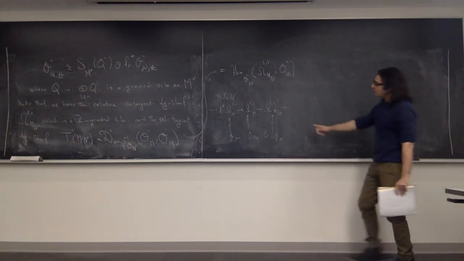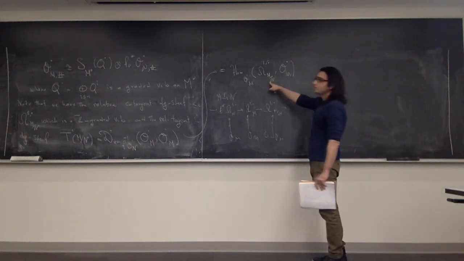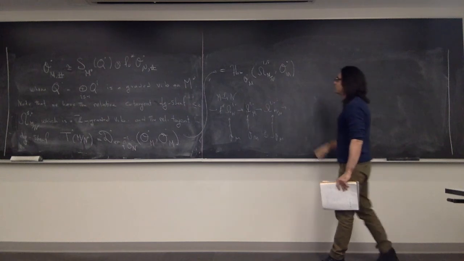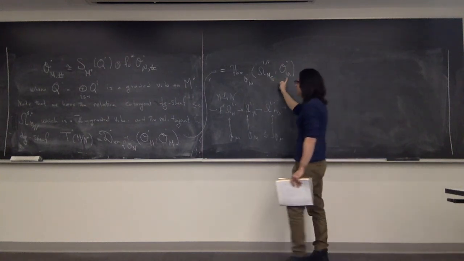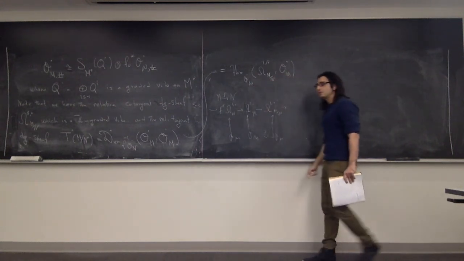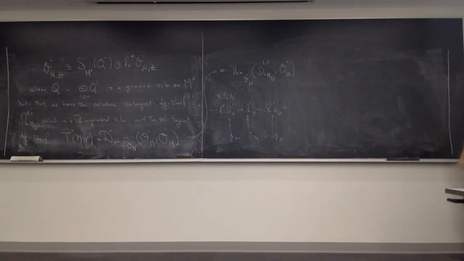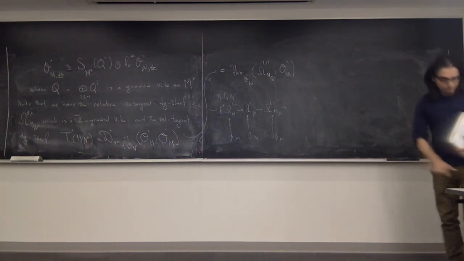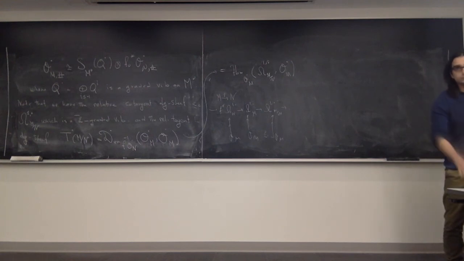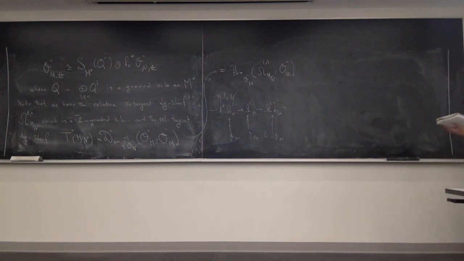In particular, the relative cotangent sheaf is also an O dot M module, and the relative tangent sheaf is given by the dual of that thing over the category of O dot M modules. So we have that.